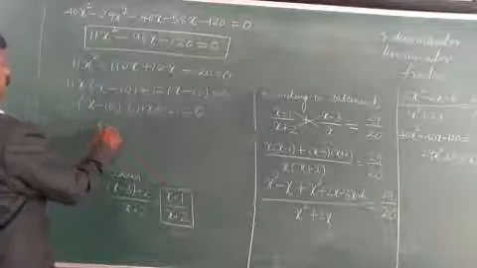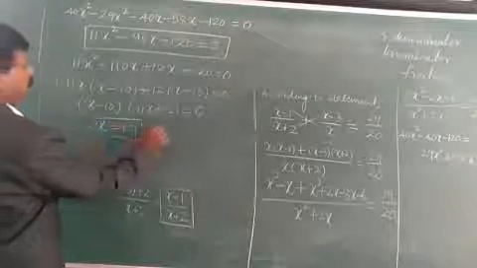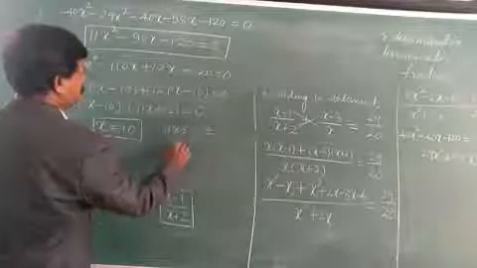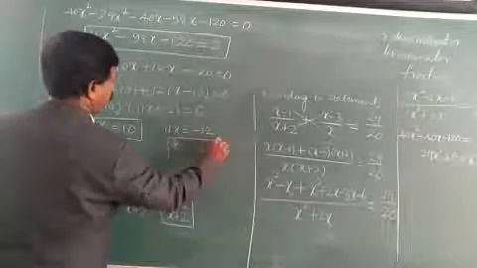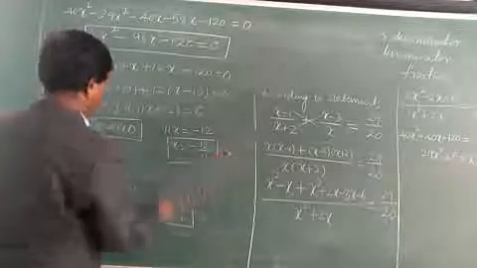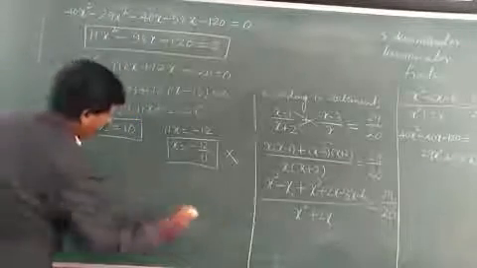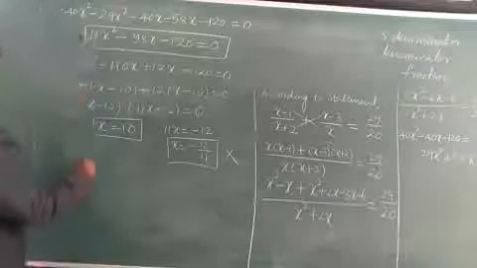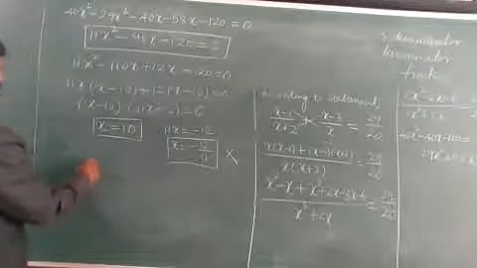Here x equals 10 and 11x is equal to minus 12, x is equal to minus 12 by 11. So neglect this, take x is equal to 10. So what is x? It is the denominator. So the numerator is 3 less than that.